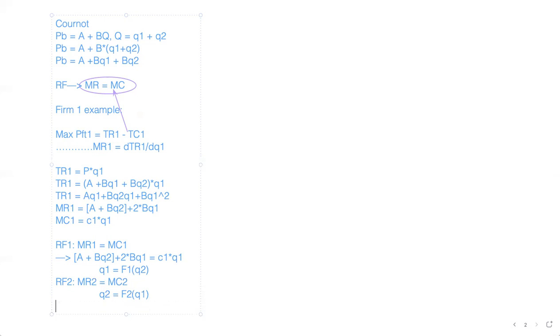And so the Nash equilibrium then is where I look for, and you have to do it for both of them, a solution of Q1 and Q2 that balances the two reaction functions.